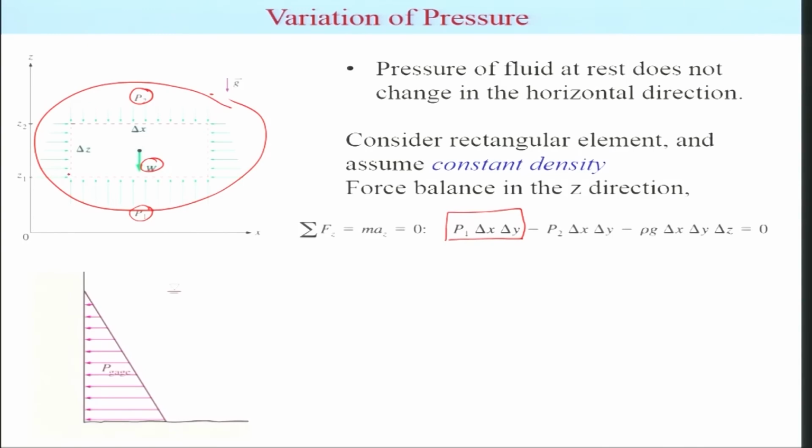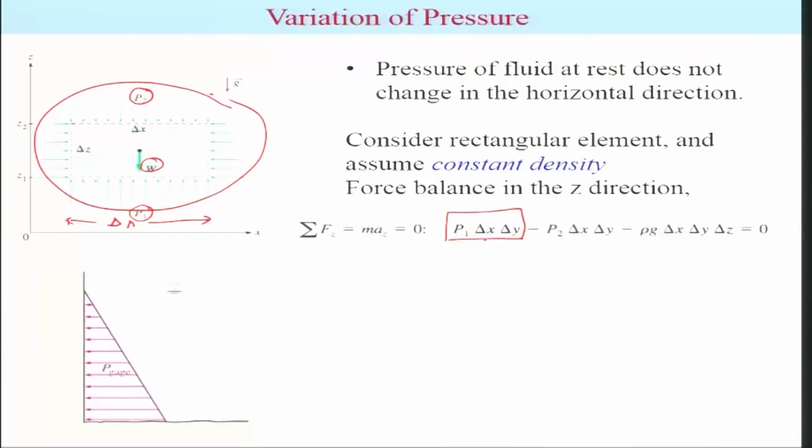The cross-sectional area would be delta x times the y direction, which is perpendicular to this plane. That becomes the force acting on the fluid from the bottom, and then the other term is multiplied by delta x delta y, which becomes the force acting here.